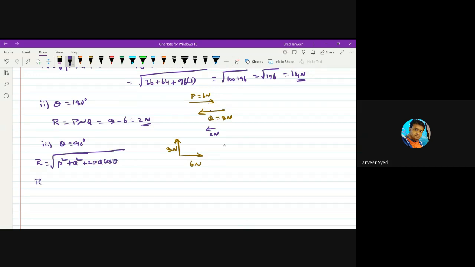If I substitute values one by one, 6 square plus 8 square plus 2 into 6 into 8 into cos 90. Root of 36 plus 64 plus 96 into 0, which is root of 36 plus 64, which is root 100, which is 10 Newton.